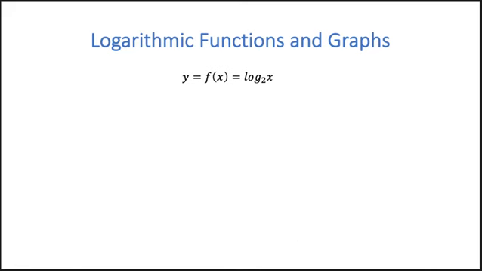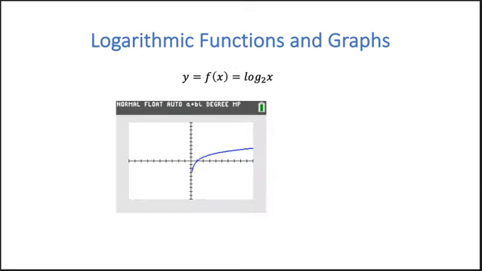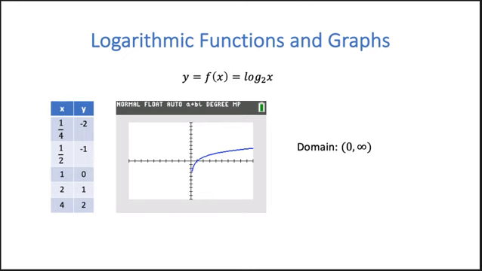Let's explore this log equation just a little bit more. All of this should be making sense and falling into place. We know what the graph looks like. We have a table of values. Now, what's the domain of this function? Well, the domain of this function goes from 0 to infinity. See, the log base 2 of x: x is that number that when you raise 2 to something, you get this number. Can you get 0 here? No, it's undefined there.